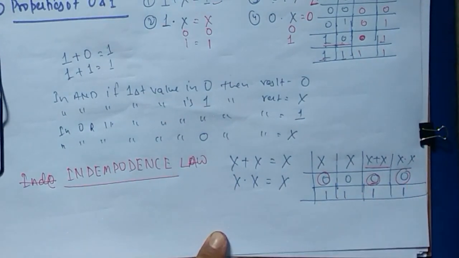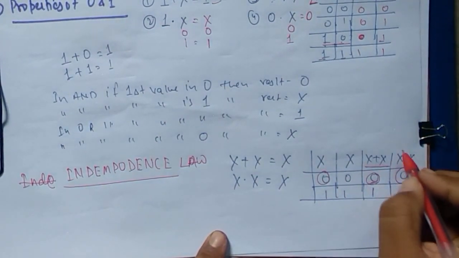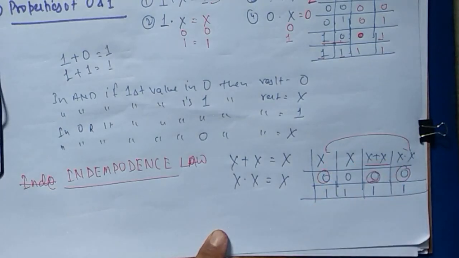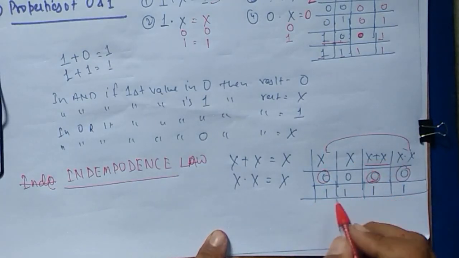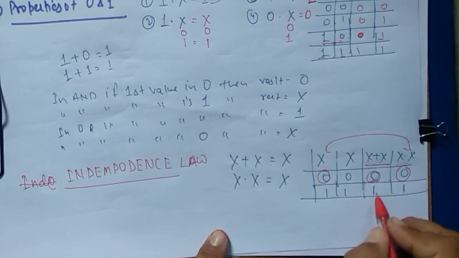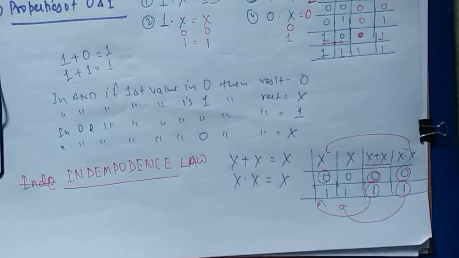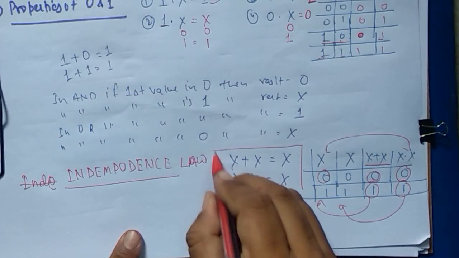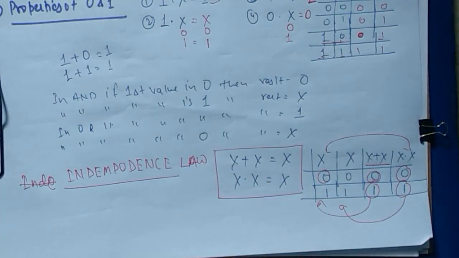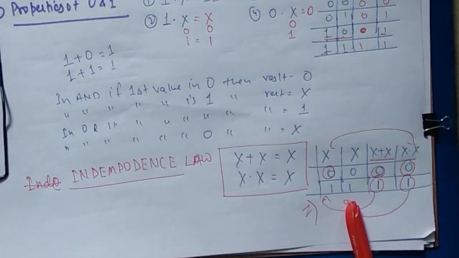For x dot x, the result is 0, and the value of x is again 0. Here x plus x is 1 and the value of x is 1. Here x dot x is 1 and the value of x is again 1. So this is the idempotence law: x plus x equals x and x dot x equals x. And we can prove it with the help of a truth table.